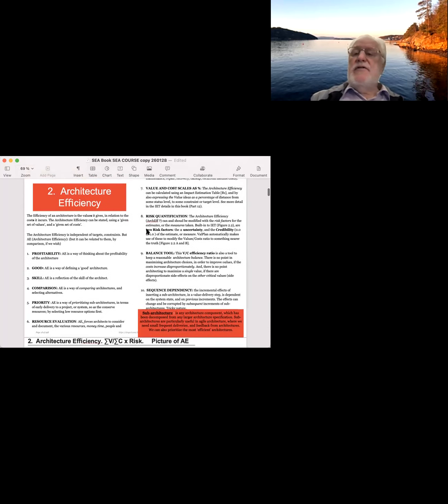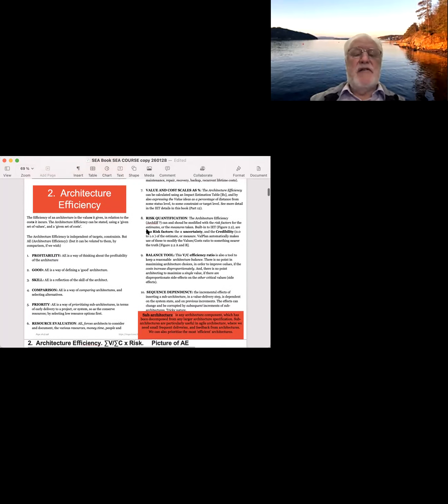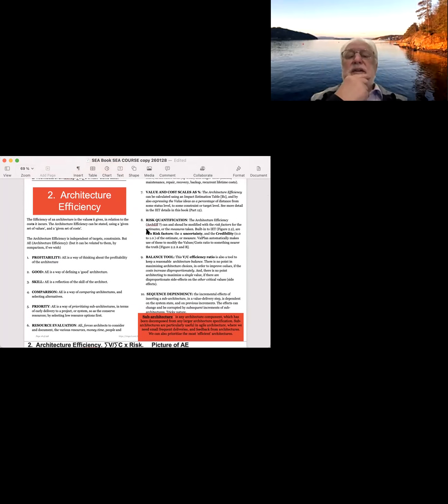Okay, so on to today's major subject. I've got half an hour left: architecture efficiency. And we've got some basic ideas. Efficiency means that the architecture has a very good set of values it can deliver at very low costs. Effectiveness is just the values, okay?